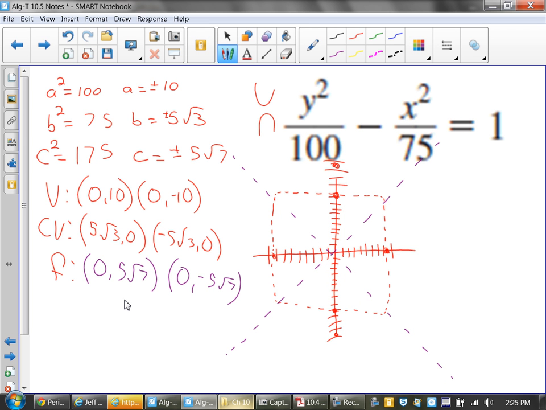And then the equation for the asymptote, since it's up and down, it's plus or minus A over B now, which is 10 over 5 root 3. What do you do?